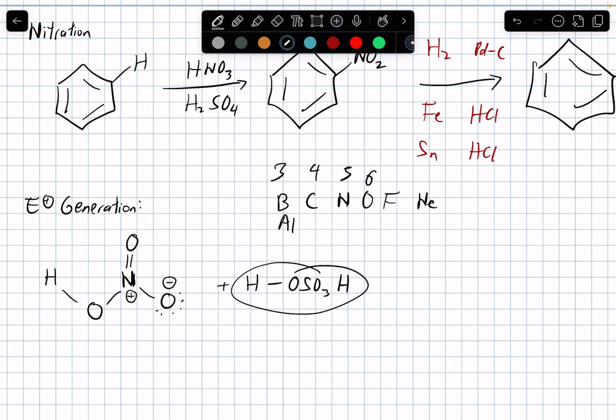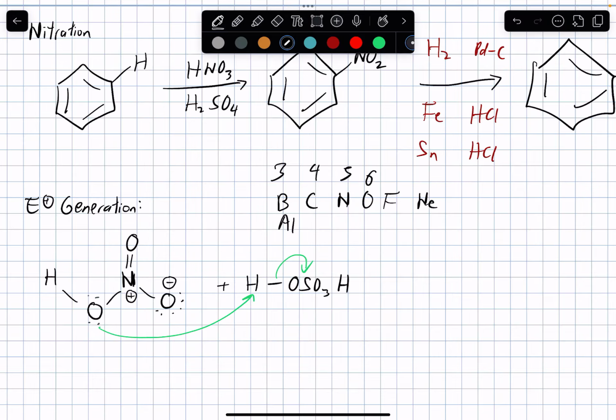This is how we write. We spread it out like this. And then actually you might think that this is where we start the arrow. It actually starts here. Not sure why. And then this bond goes here.